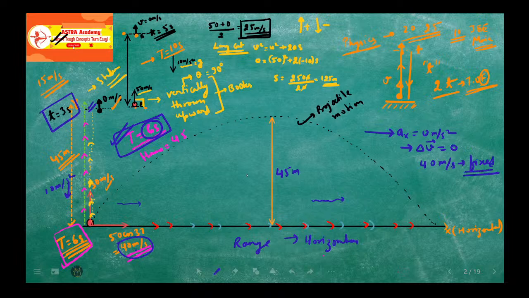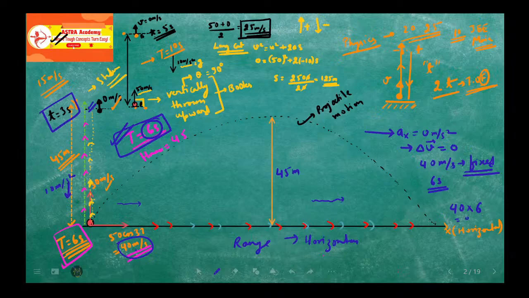Okay, and the total time is 6 seconds. Total time it took was 6 seconds while moving upward and returning back to the ground. So the total range the body traveled is 40, that is speed, into time.